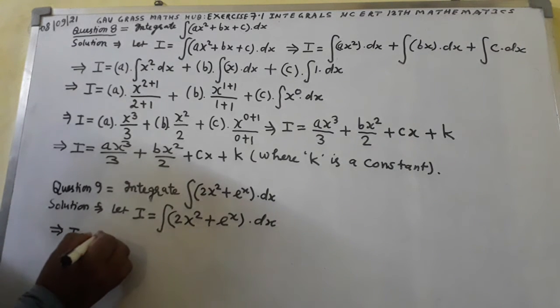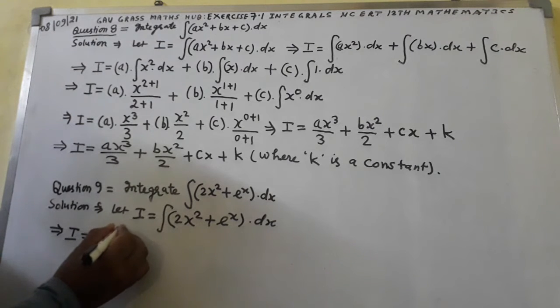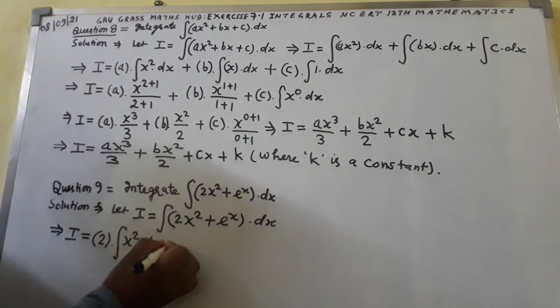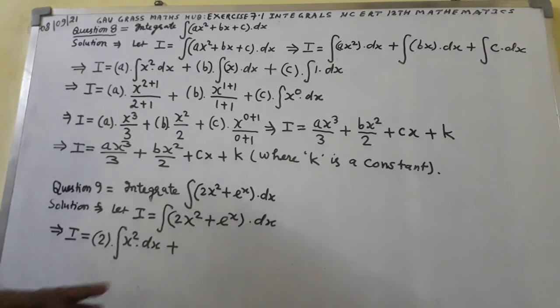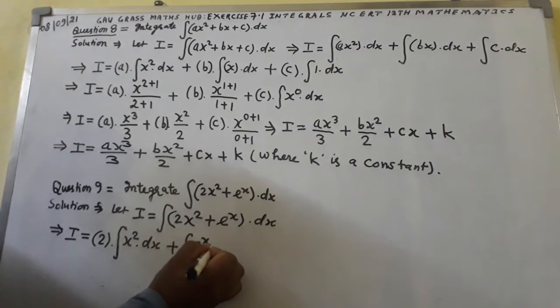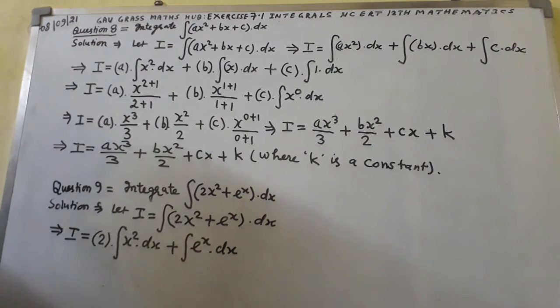So here I do 2 dot integral x square dx plus integral e raised to the power x dx.